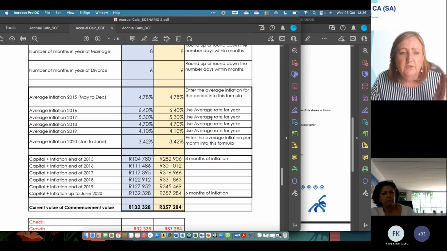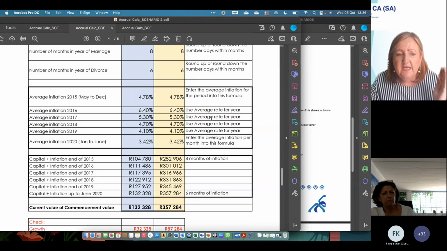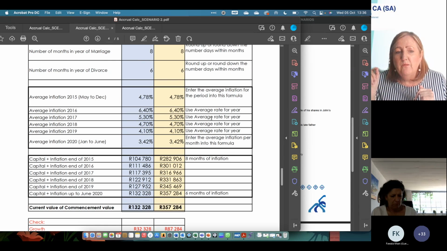At the end of 2015, that value of the 100,000, if you take inflation in consideration, is now going to be 104,780. So the way that you get to the 104, you take 100,000 plus 4.78% will give you the 104,780.